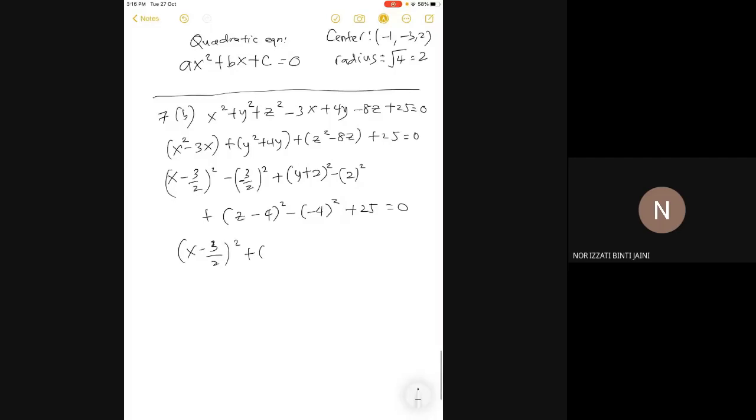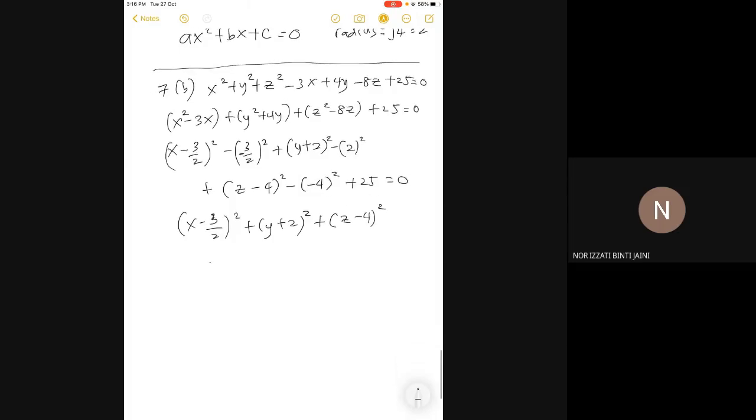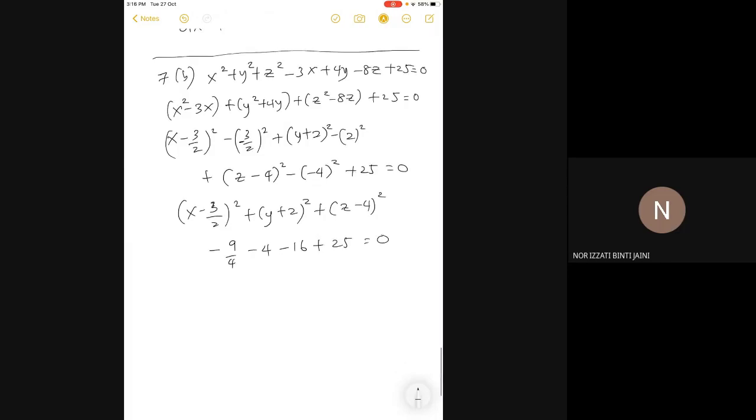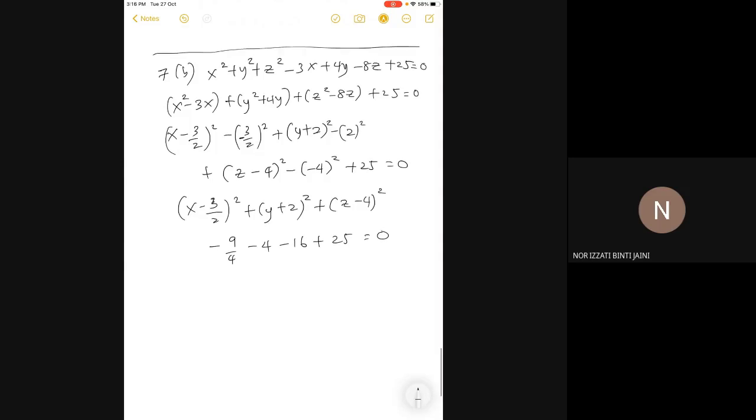And then write it back, rearrange the equation so that it looks nice. 9 over 4 minus 4 minus 16 plus 25. Okay, let me press the calculator for a moment.